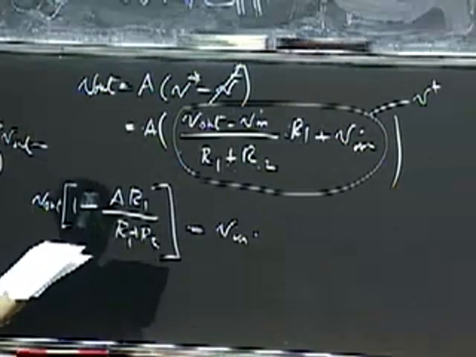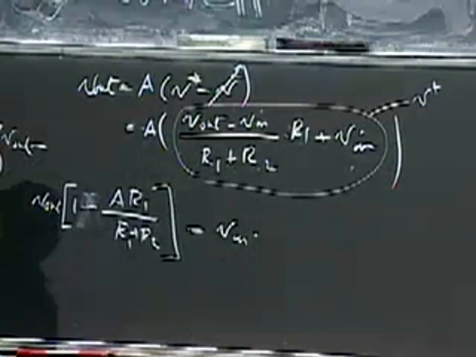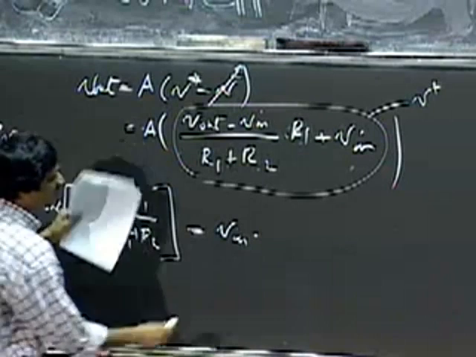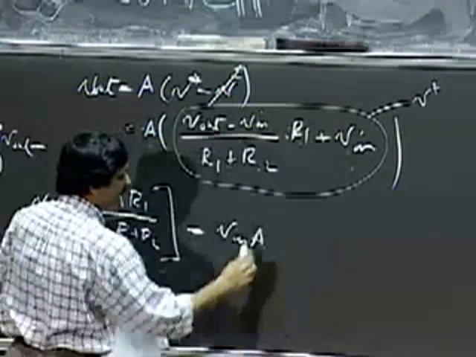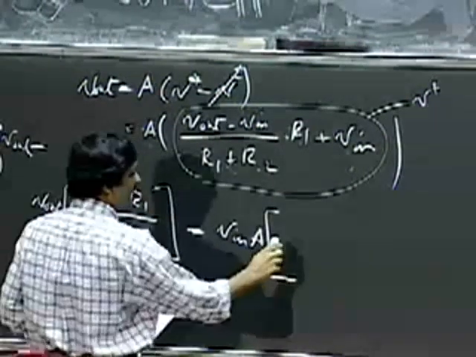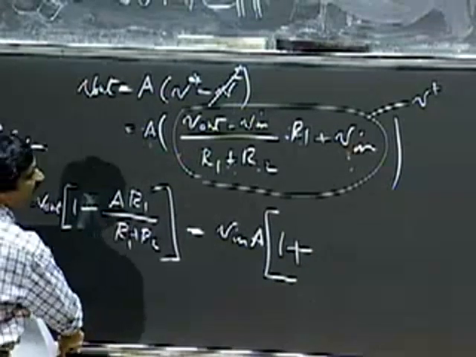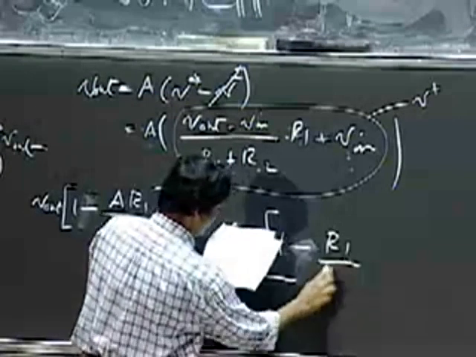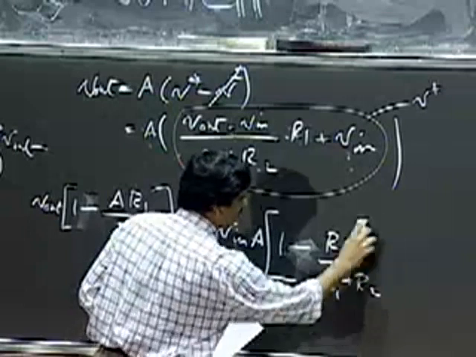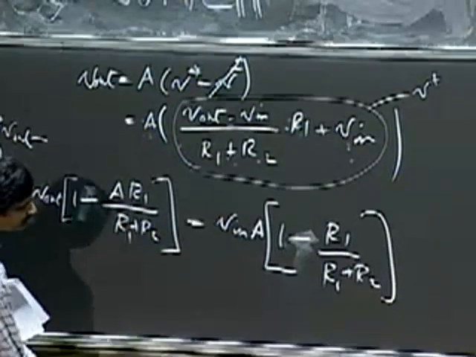Okay? And my V in here is a function of the V in that I have here. So I have an A multiplying both the V ins. And then I get a 1 for this V in here. And there's a minus sign. So I get a minus R1 divided by R1 plus R2. Okay, that's the expression that I have.